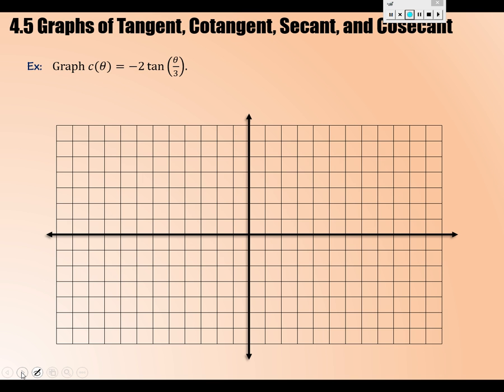The regular period for sine is 2 pi, but this is tangent. The regular period is pi. Pi. Oh, so whatever the period is. No, wait, so the period is 3 pi? It's 3 pi.